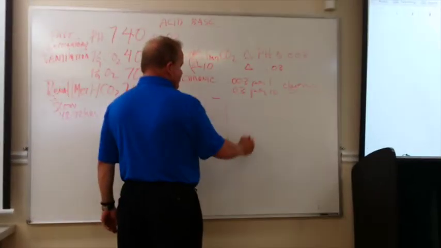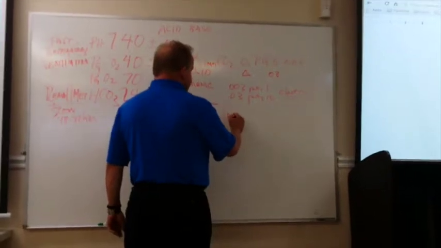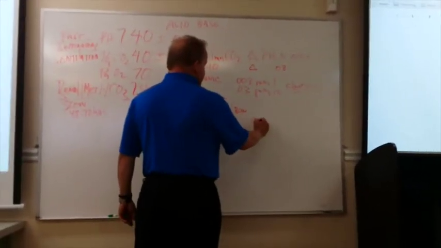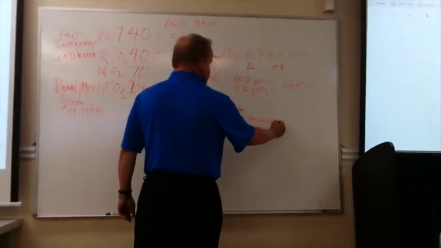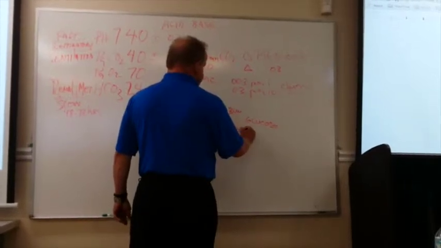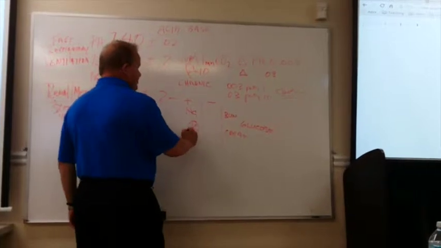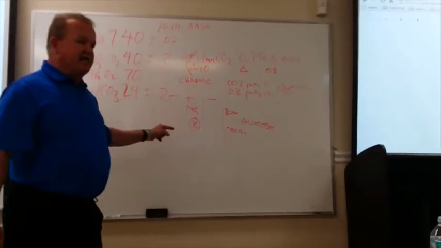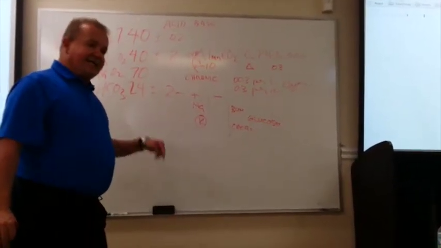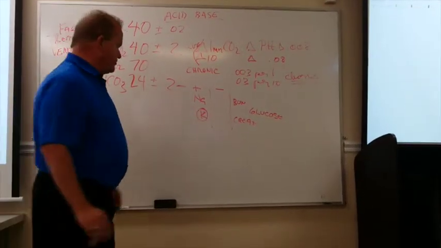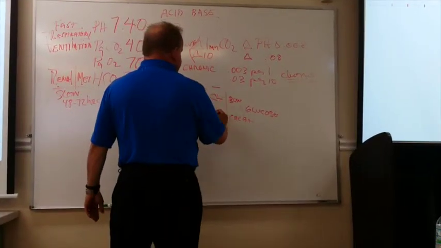Okay? Negatives, your BUN, creatinine, your glucose. So I have my BUN, my glucose, my creatinine, my sodium, my potassium. The only thing we use potassium for is the acid-base calculation gap in the urine. Otherwise, potassium is not used. So chloride, your negatives, and bicarb.